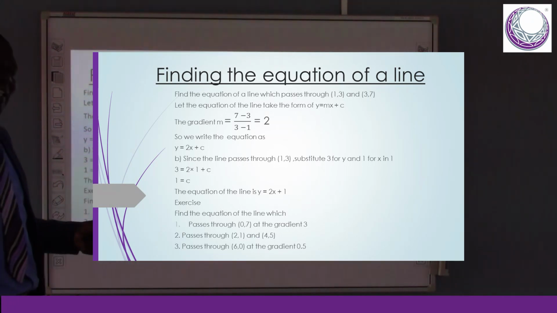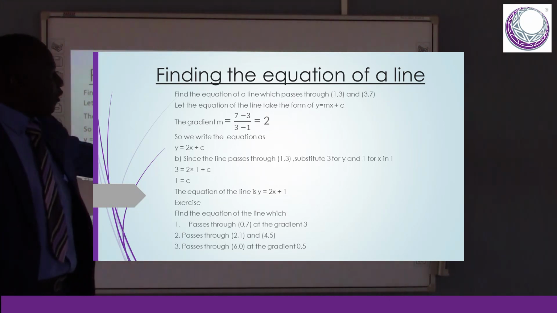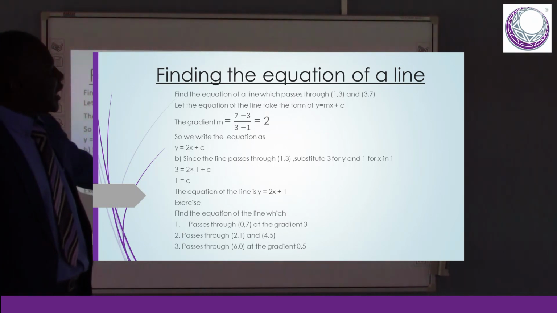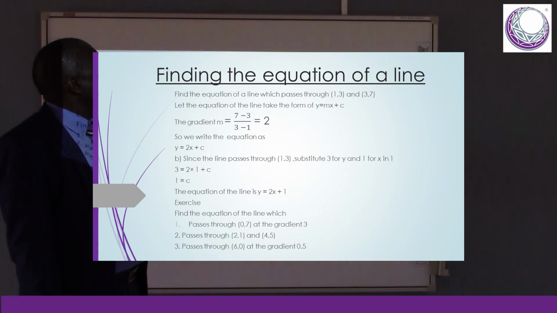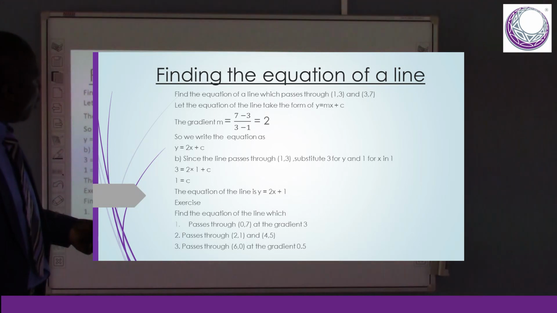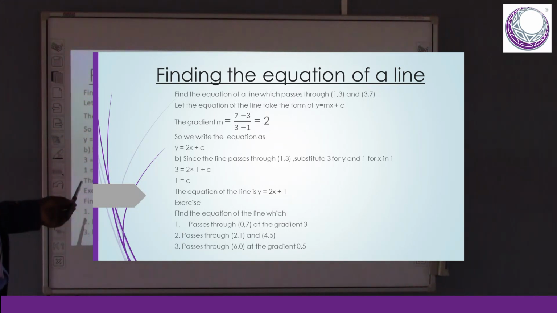As I've said, in a nutshell, it is very important that I find the value of m, which is my gradient. And when I've got the gradient, I can choose any of the 2 points and substitute them into the equation. This enables me to find the value of c. And therefore, I make my equation a complete equation: y is equal to 2x plus 1.